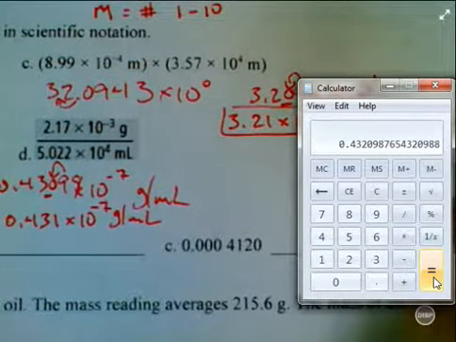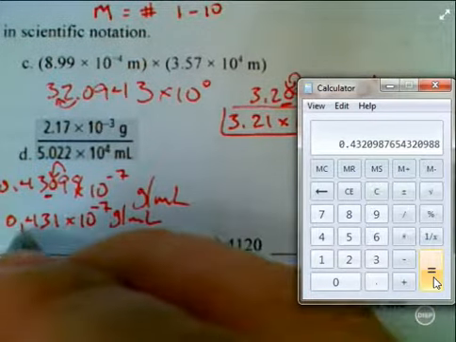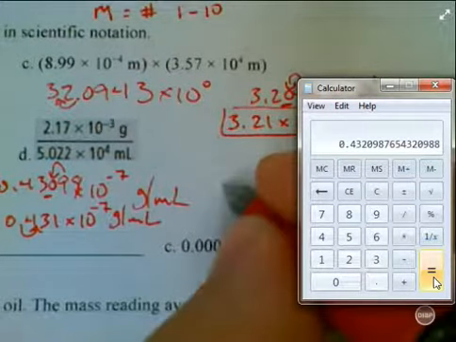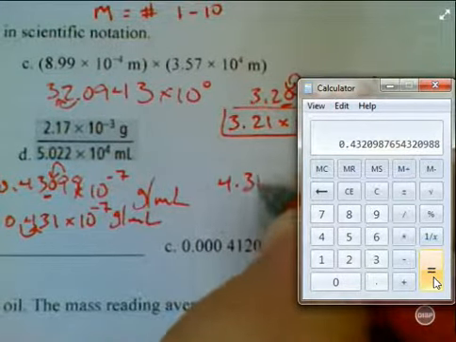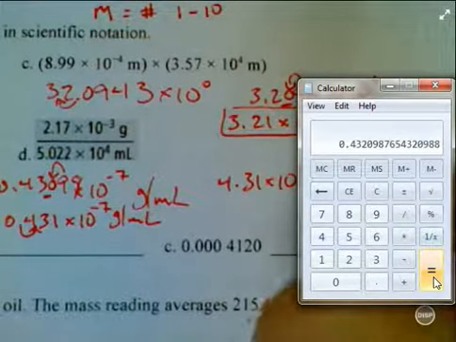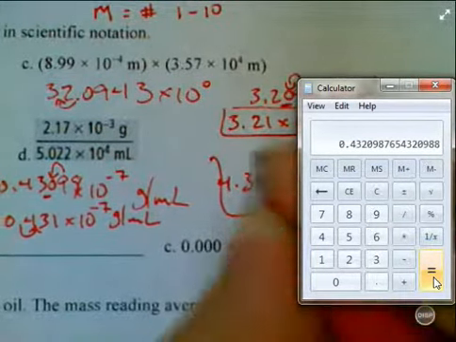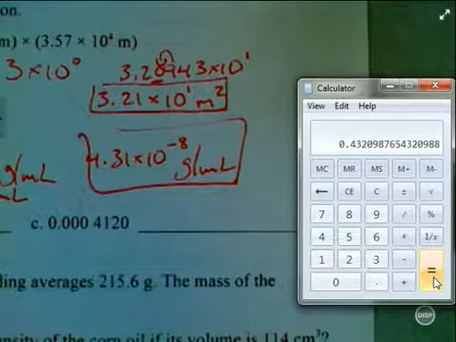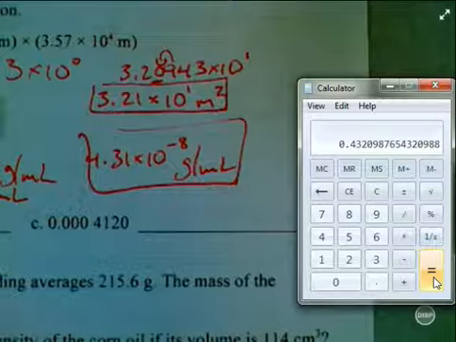But wait a minute, that's not in proper scientific notation. I need to move that one place to the right. So I will have 4.31 times 10 to the negative 8. Sorry, writing behind the calculator, my bad. 4.31 times 10 to the negative 8 grams per milliliter.